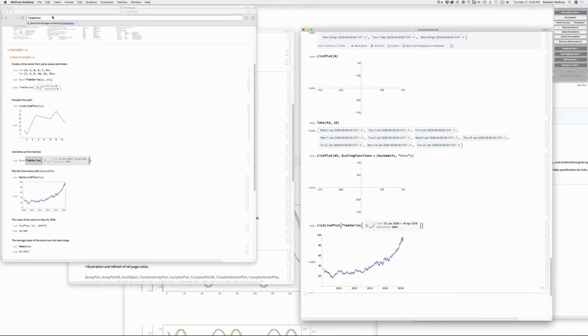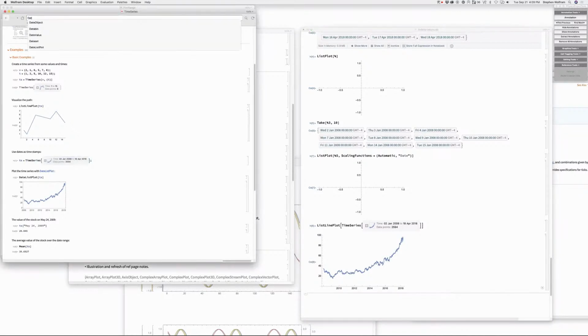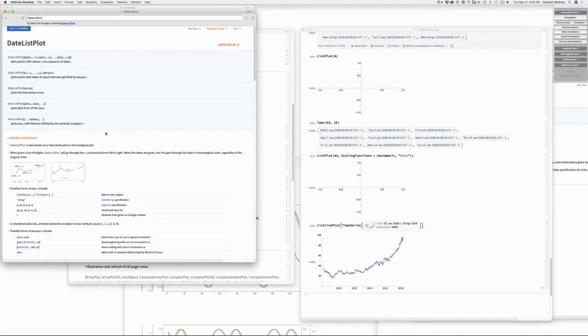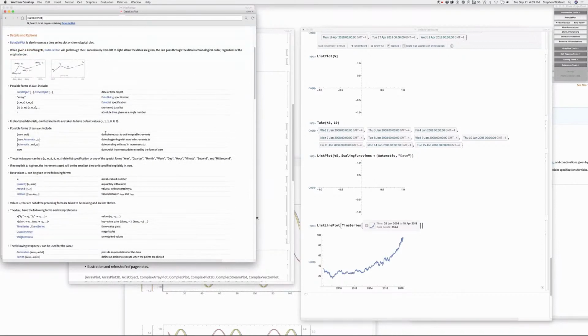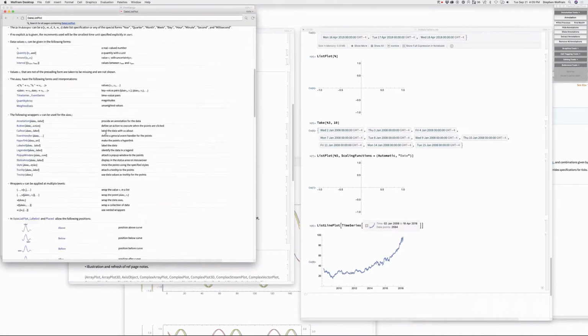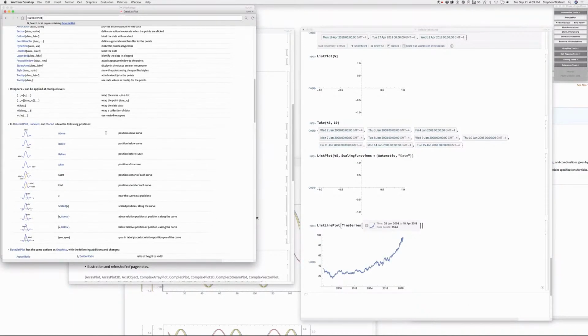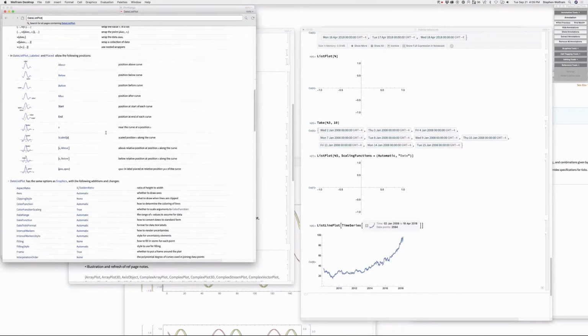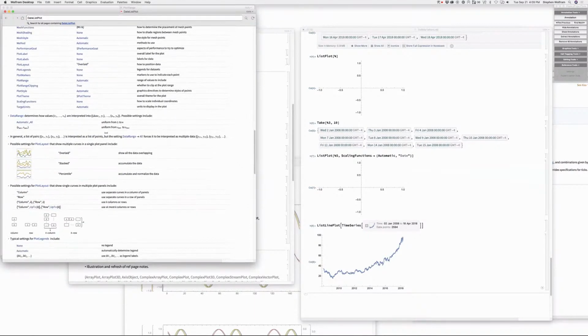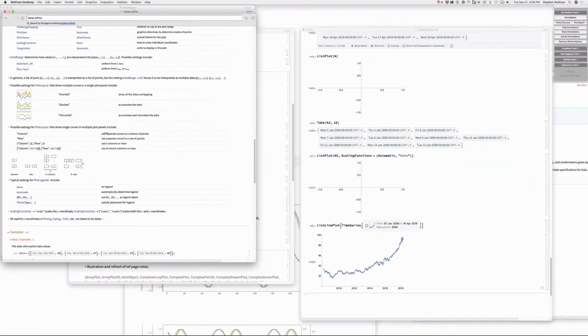So the ultimate way is we introduce something called date scale. One ultimate way is we introduce something that is sort of the scaling function setting that allows you to control in detail how that goes on.